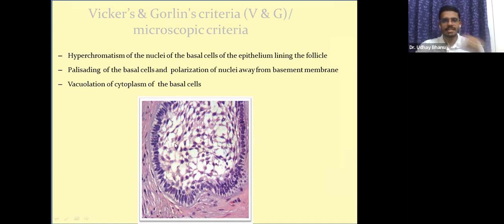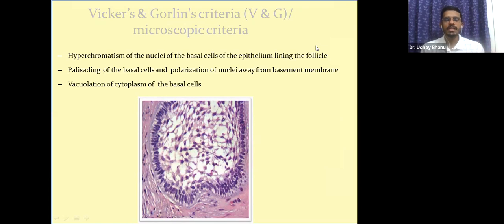That is, there will be a star-like pattern with peripherally placed flattened nuclei and a clear cytoplasm. This is how a typical ameloblastomatous follicle will appear, or in other words, it will look like an enamel organ. This is how a follicular ameloblastoma looks.